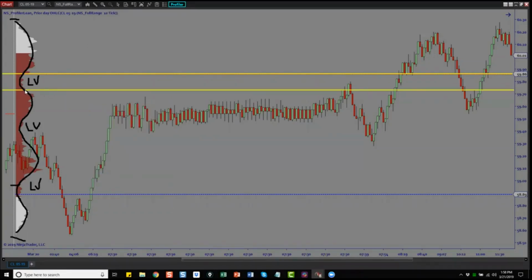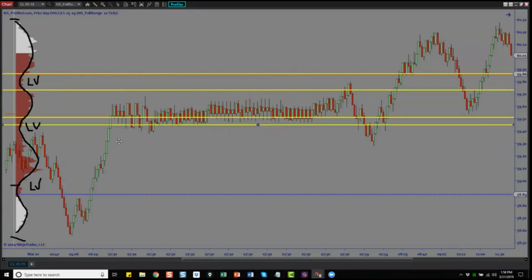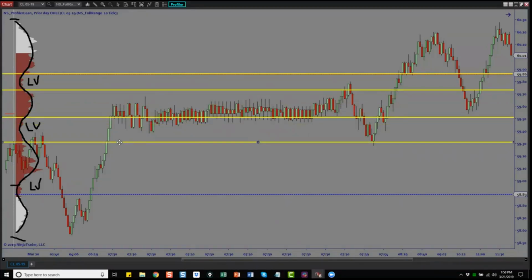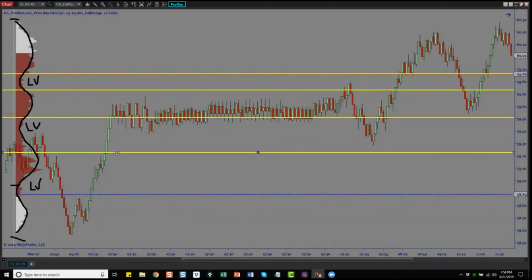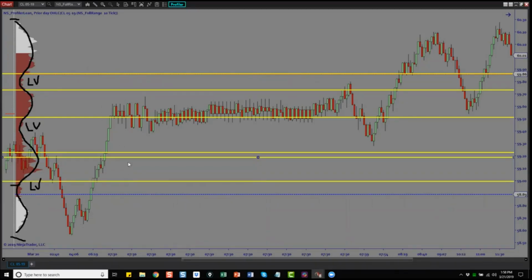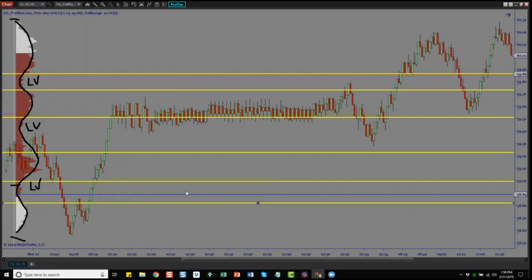That's a low volume zone. Low volume zone. Could probably bring it here. We'll bring it there. And we'll just do here. Low volume zone. Low volume zone.